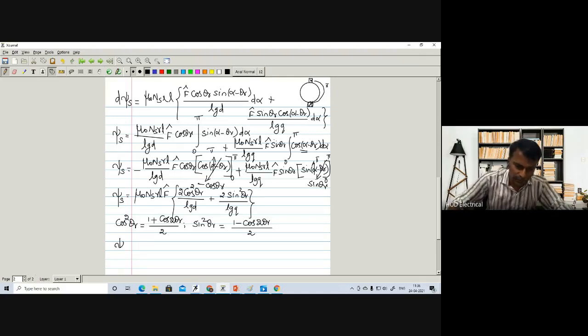Therefore, if you substitute, psi s is mu naught ns r into L into f cap into 1 plus cos 2 theta r divided by LGD plus 1 minus cos 2 theta r divided by LGQ.